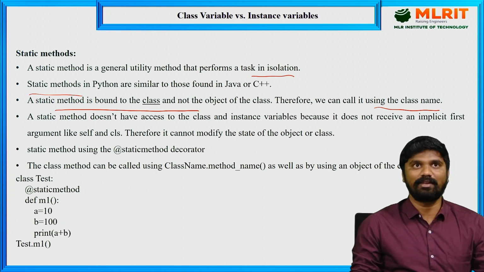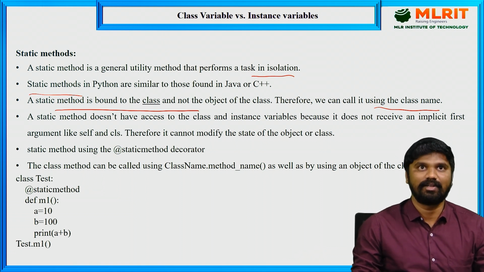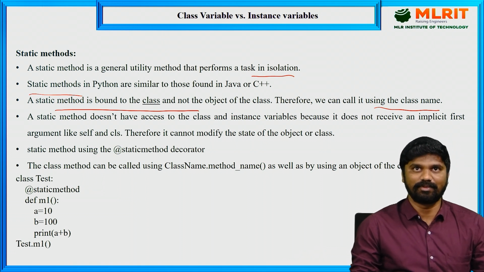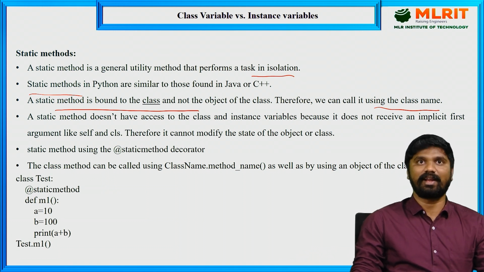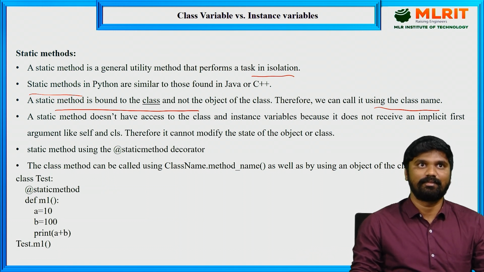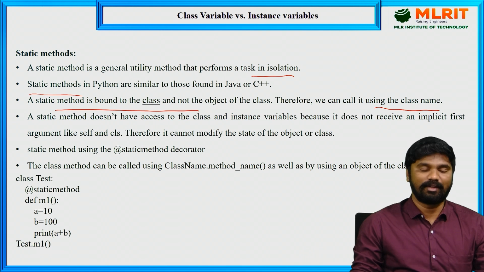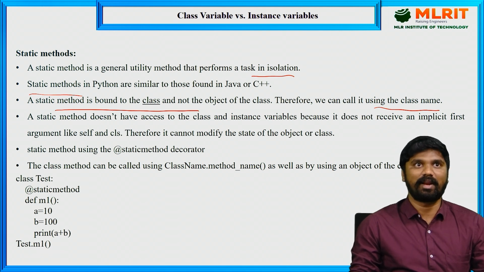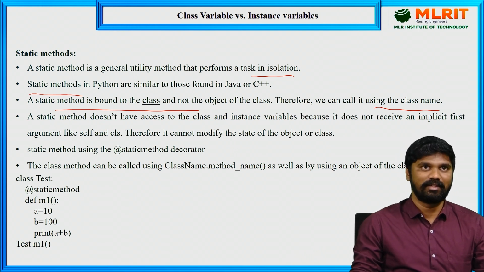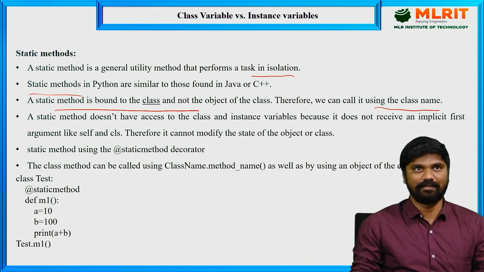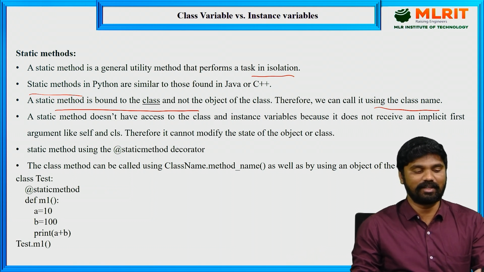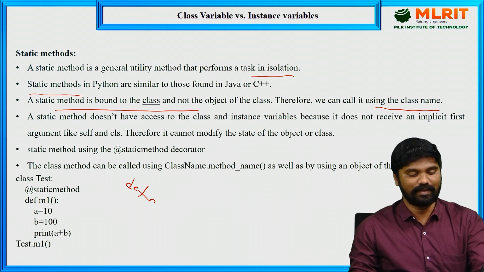And the static method does not have access to the class and instance variables. That means the static method cannot access instance variables, because we are not going to pass any parameter into the static method. Generally, in the instance method and the class method, there is a parameter we have to pass. For example, if you take an instance method, def m1, the first parameter must be self.